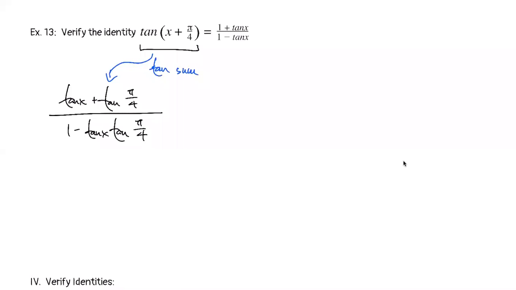Now, why would we pick the one that has all the tangents and not the one with the sines and cosines? Right? Because we sort of have two versions we could pick. We could do the one that Isis just said, or we could do the one where it's like sine theta, cosine theta, blah, blah, blah, over all the other stuff. Why would we pick the tangent one here?